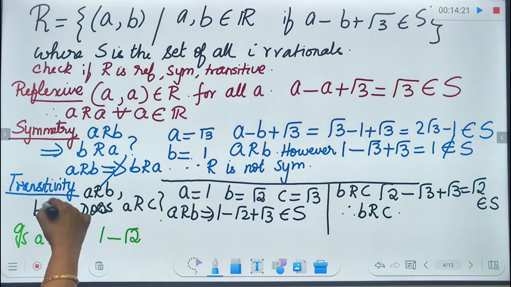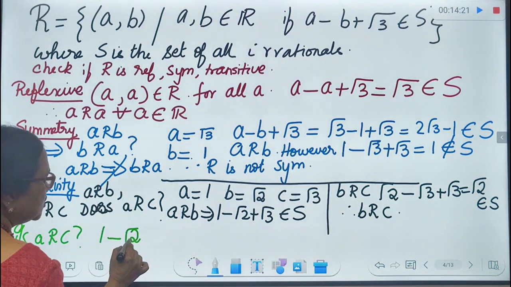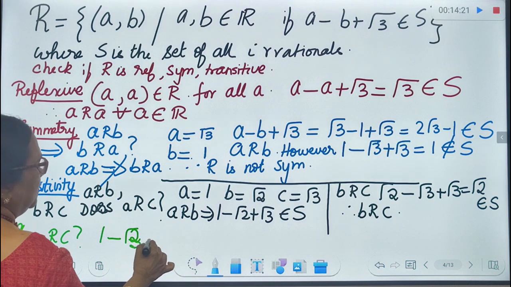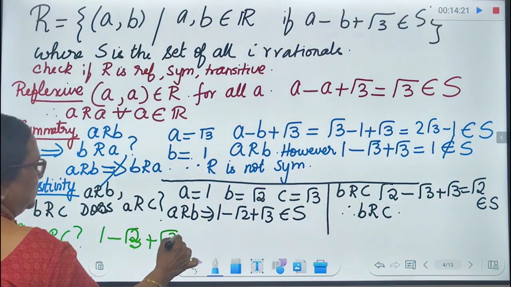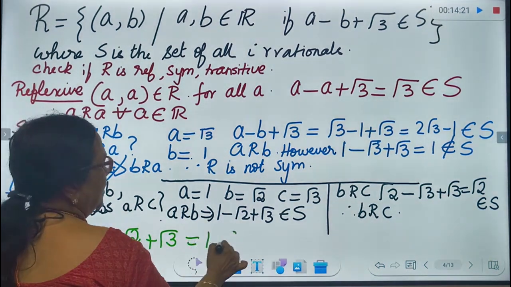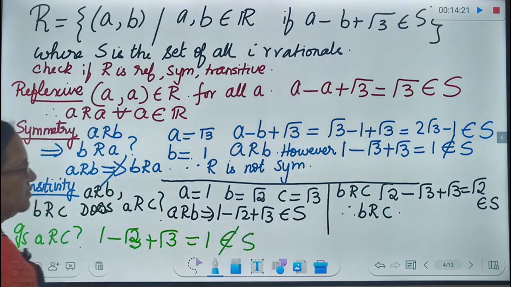So I am now taking A as 1 and C as root 3. So 1 minus root 3 plus root 3. What will you get? 1 does not belong to S.